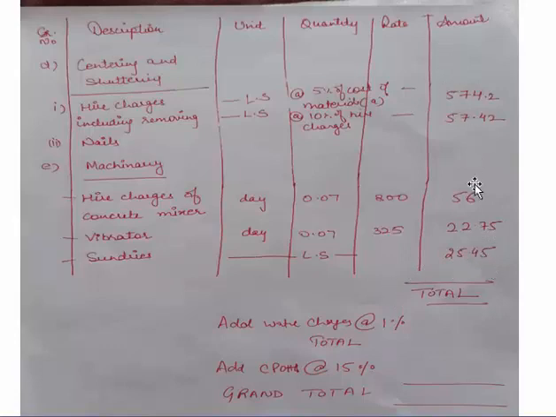So all this will be added up, and water charges at the rate of 1% will be added. Then contractor profit and overhead charges at the rate of 15% will be added, and then the total amount per cubic meter of the reinforced cement concrete work, including the reinforcement, centering, and shuttering, will be computed. So this is the analysis of rates for the reinforced cement concrete work.